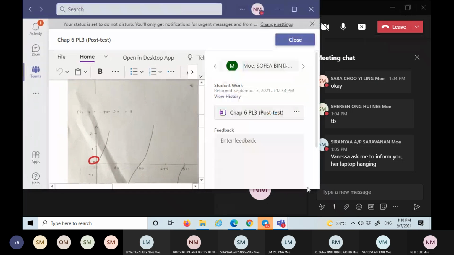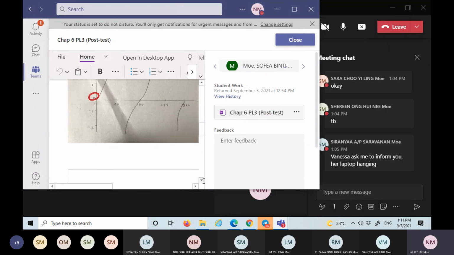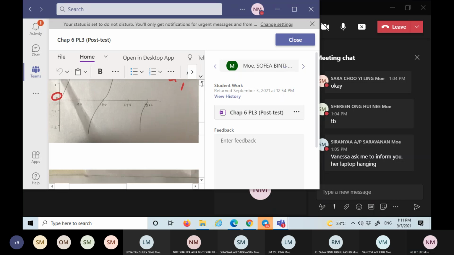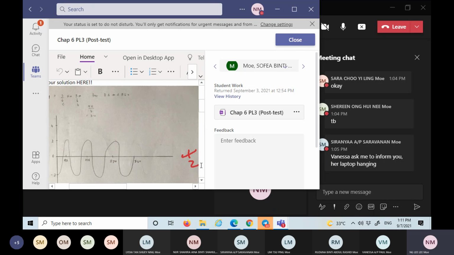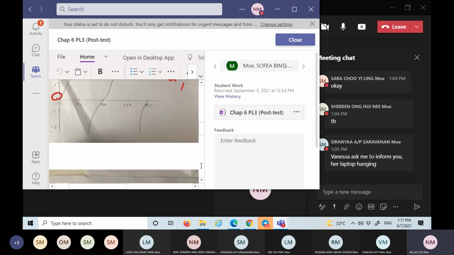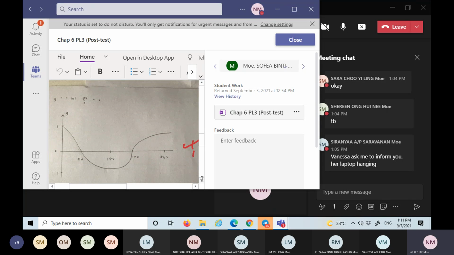Sophia. Sophia, are you here or not? Yes? Where is your table? Or you didn't use the table method to do it? You see, this one also has no table, okay?